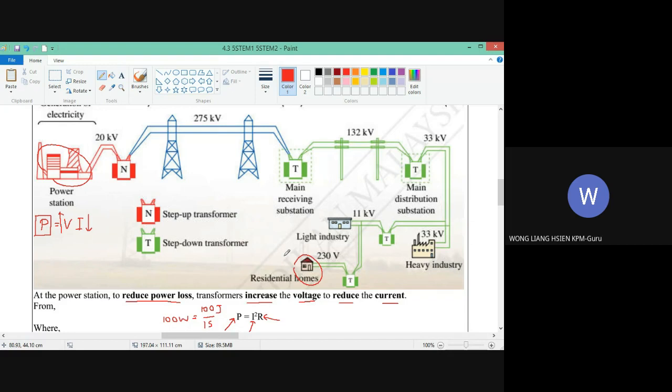It's very far away, right? So the distance is already fixed. Unless you want to build a power station next to your house, but I bet you don't want the power station next to your house. So the distance is already fixed. That means the length of the cable, you cannot do anything to change the length.